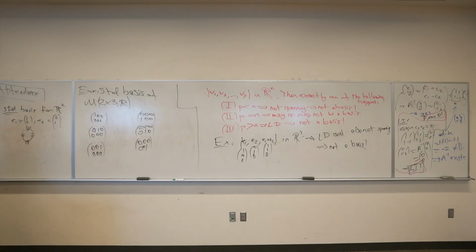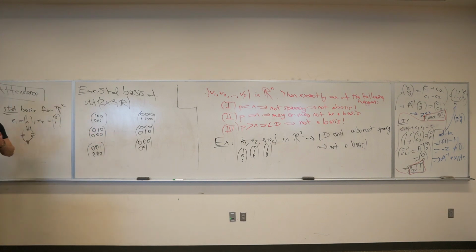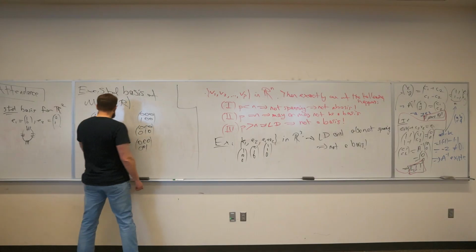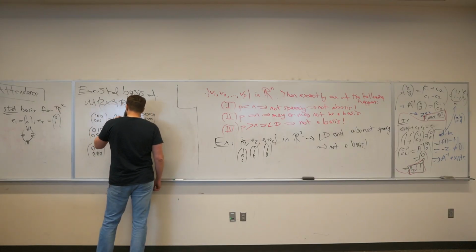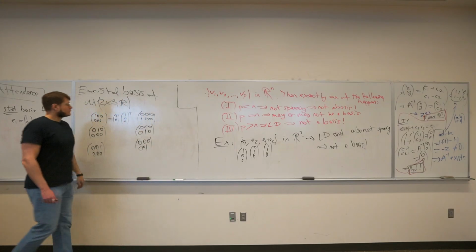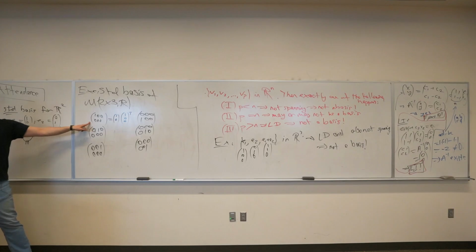Another way perhaps we can try to understand these is this. In fact, we can realize each of these vectors to be outer products of standard vectors of Rn's. So for instance, this I can think of as this: 1, 0 against 1, 0, 0 transpose. So this is an outer product, if you want.